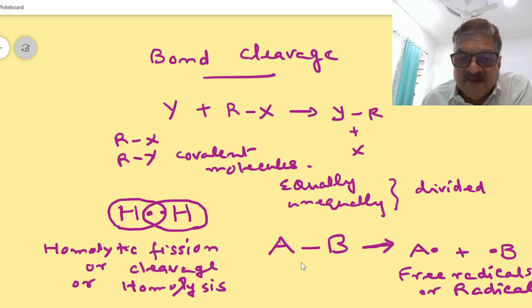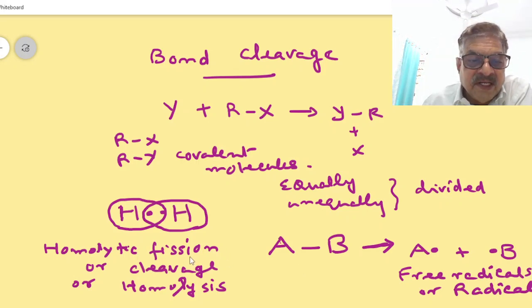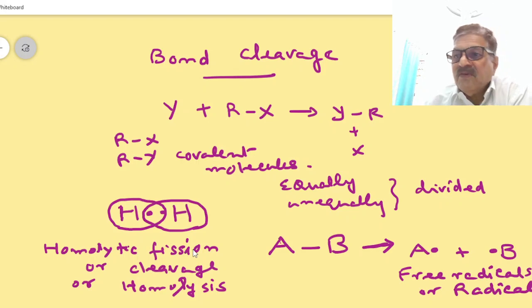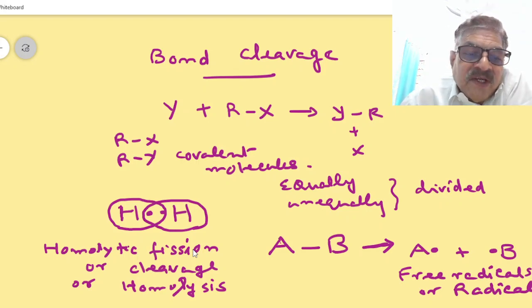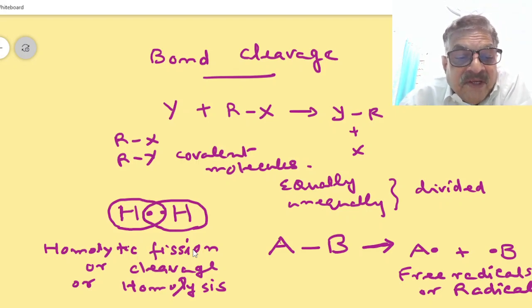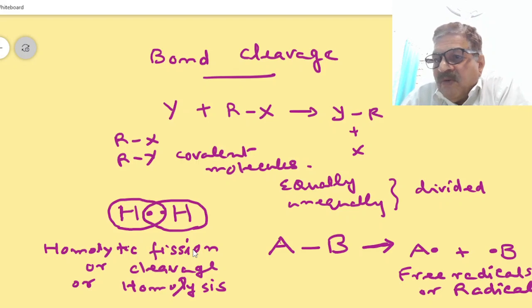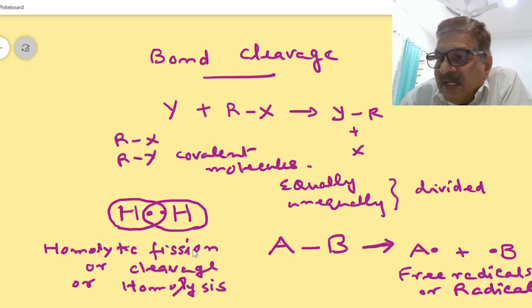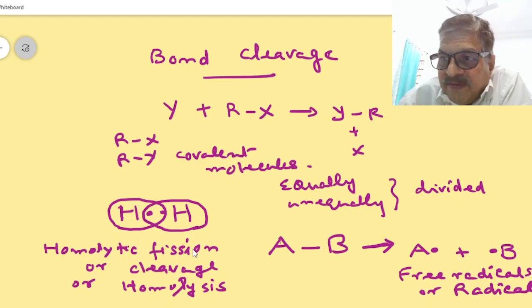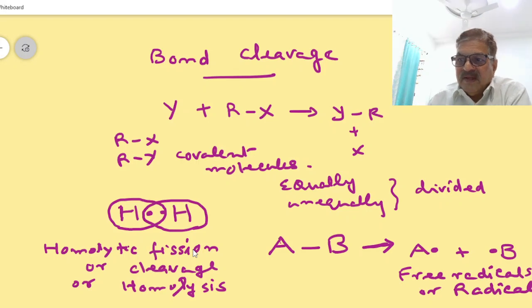There are many reactions like this, which we will not go into in detail right now. So homolysis gives rise to free radicals, and each atom gets one electron. Now let us see unequal sharing.